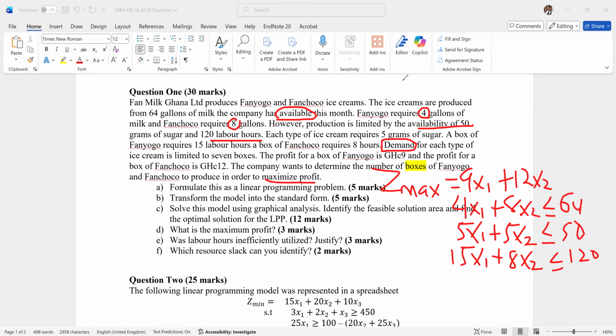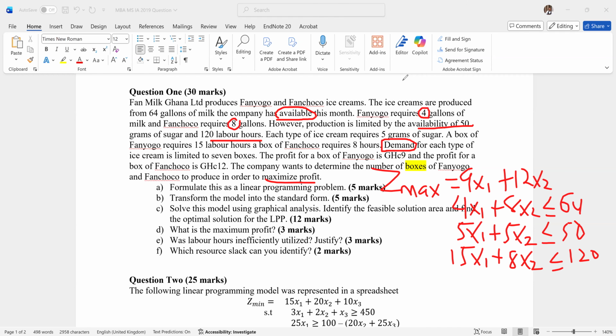Nanaya, what gives you the impression that that was a constraint? So he says that we are limited to 7 boxes. So the word limited gives you the impression that there is a constraint there. Okay, so how do you write it?